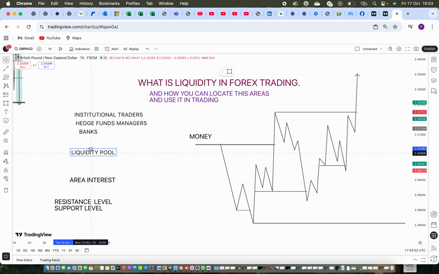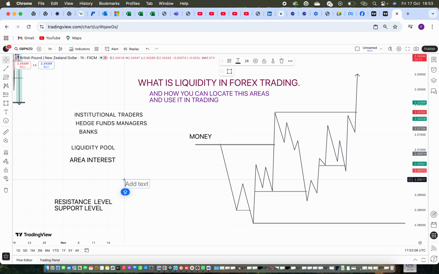Now, not only that, after every break of market structure, especially the external break of market structure.